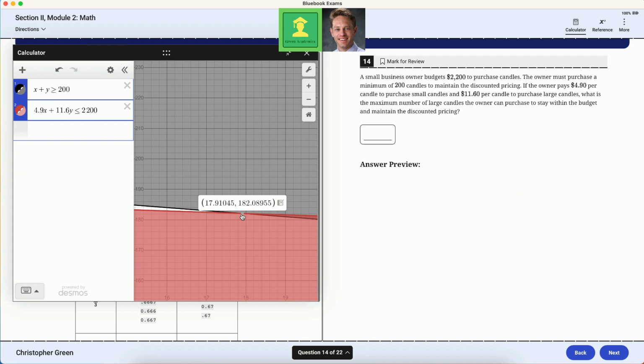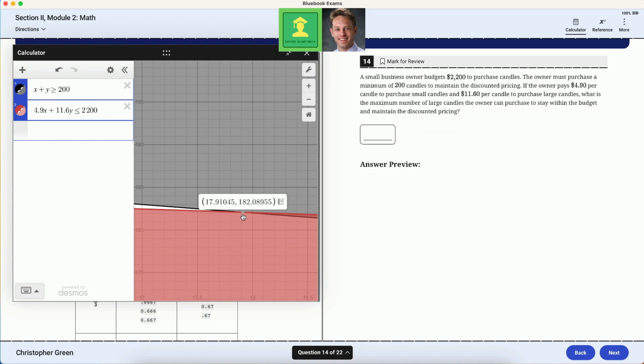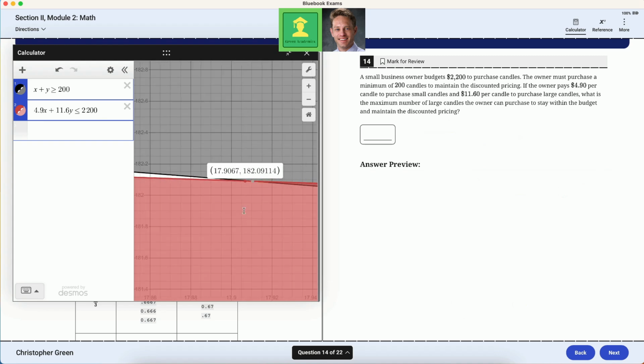So the corner in here is the y value being 182. So I believe what's happening is the maximum number of large candles, I believe it's 182, because that's effectively the integer that's at the edge of the overlap pocket.